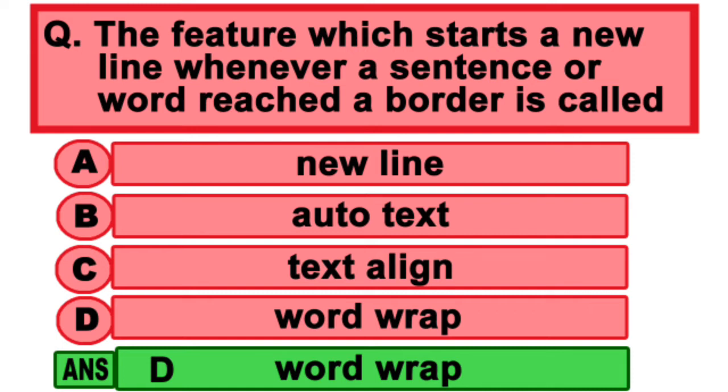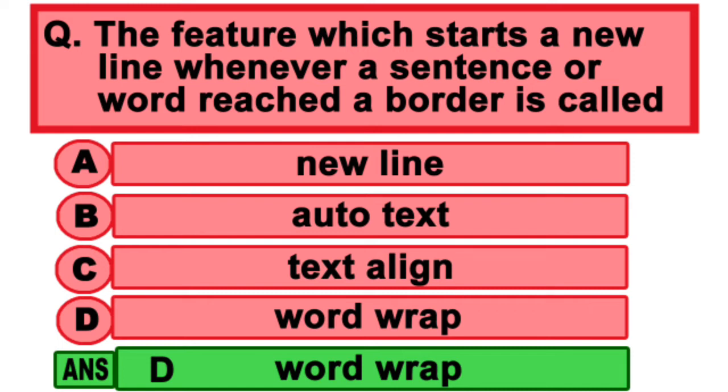Auto text. Auto text holds abbreviations of longer phrases or sentences. Text line. Text line is a paragraph formatting attribute that determines the appearance of the text in a whole paragraph. New line.